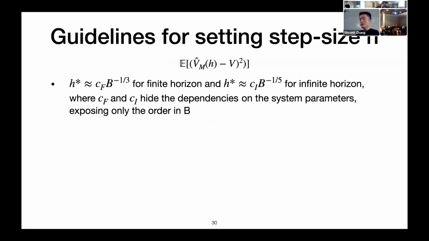Okay, it's coming to the end. The last thing: in the title, I talked about managing the time horizon, the temporal resolution, but we haven't talked about it yet. The short answer is that we don't have a perfect way yet, but we can at least give some guidelines. First, we have those H star dependences from the analysis.